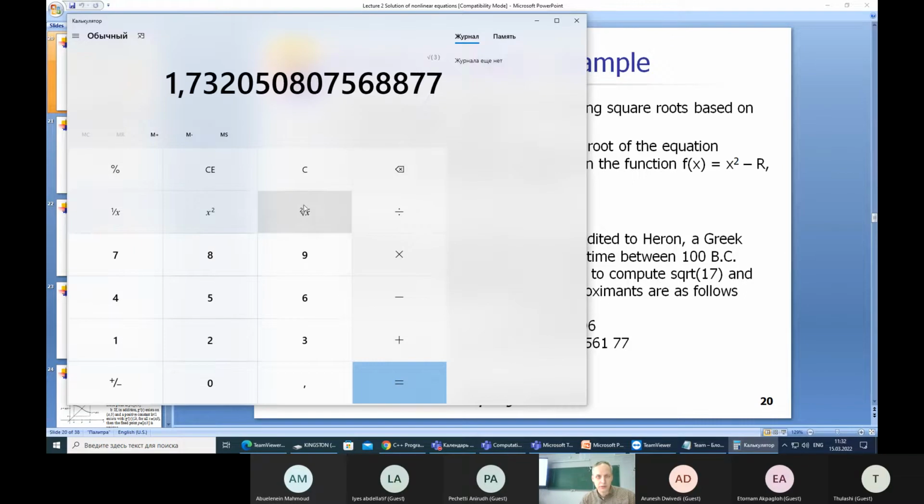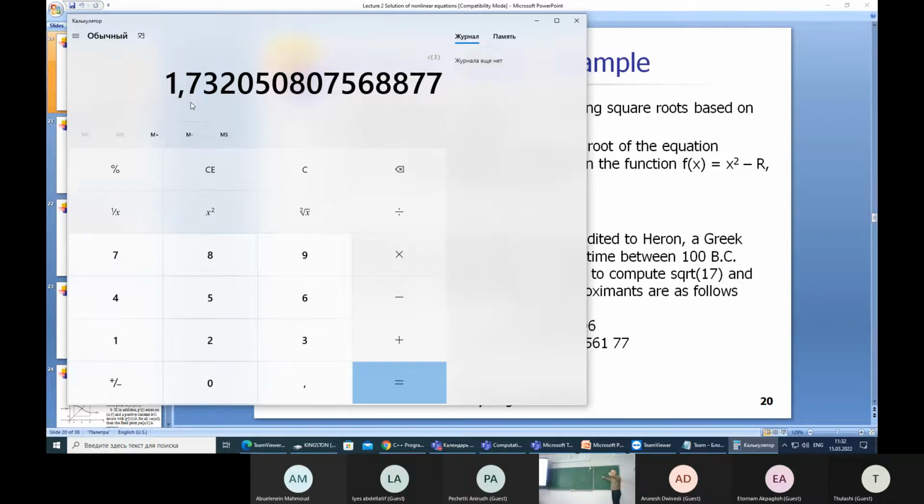The real value of square root of 3 equals 1.73205.